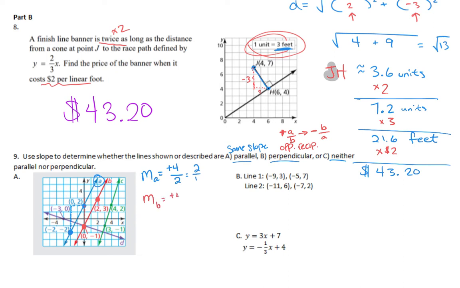So up 4 and over 1, 2. And I could reduce that to be 2 over 1. And right away, I know that those lines are going to be parallel to each other. So I know that line A is parallel to line B. Cool, let's check out line C.